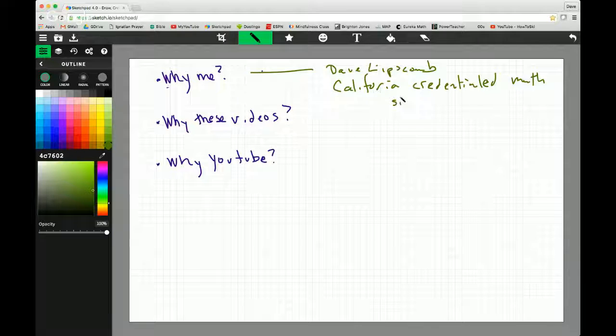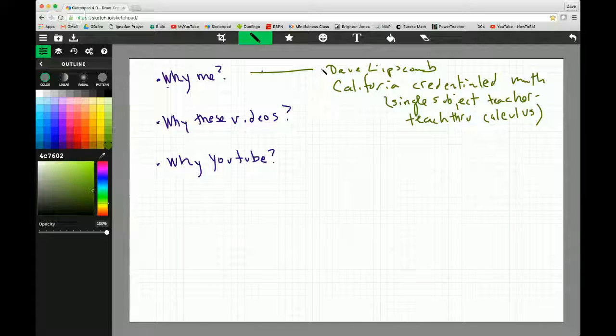For those of you in the know, that's a single subject teacher. With my credential, I can teach through calculus. I'm qualified to teach a calculus class. Further, I have chosen to teach 7th and 8th grade math.